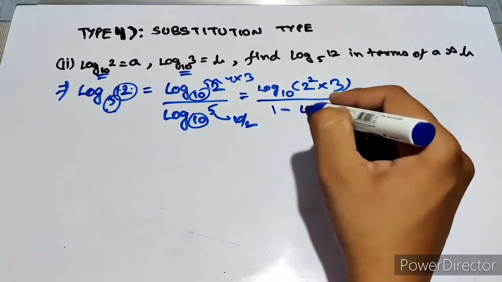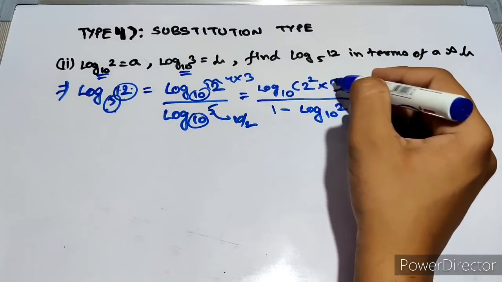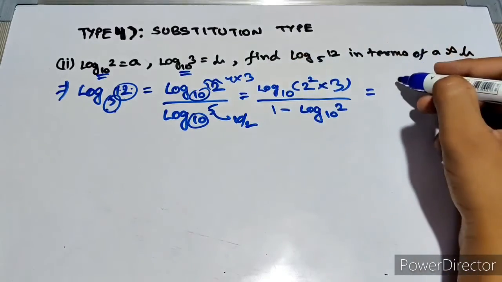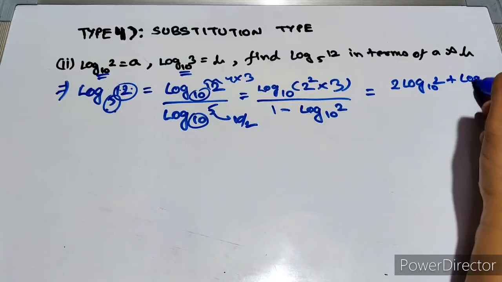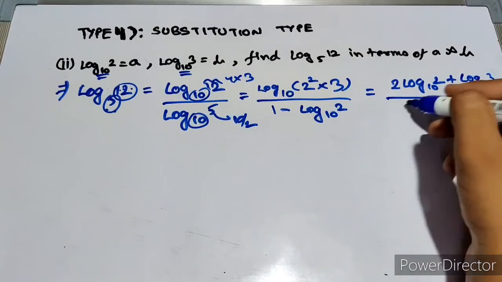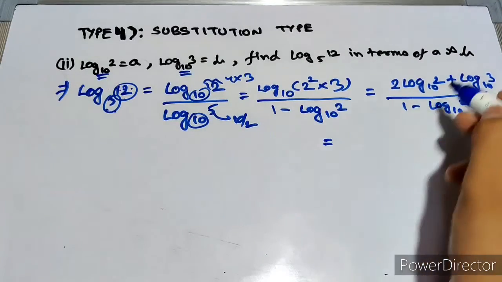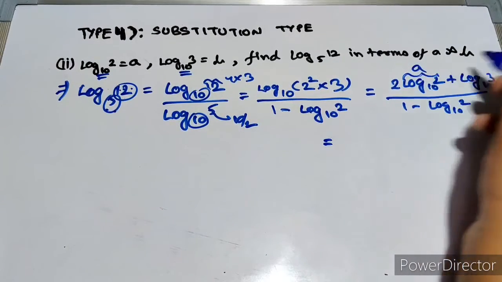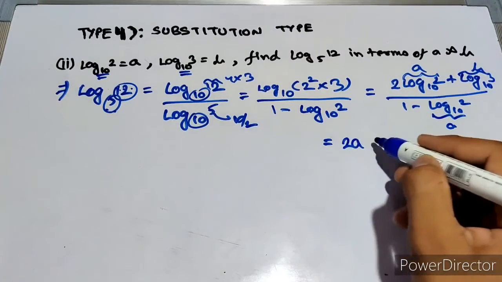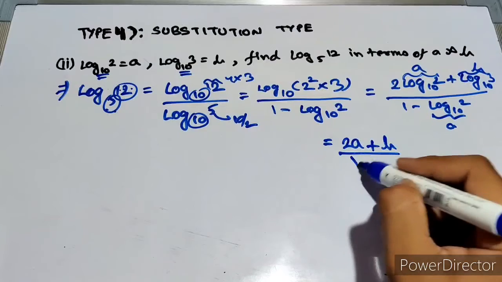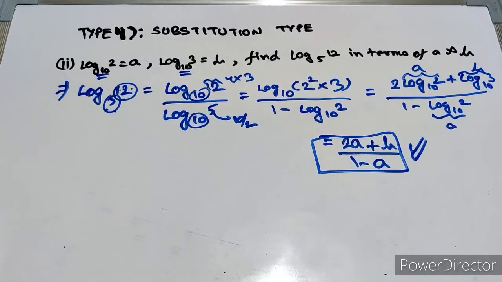So it will be 1 minus log of 2 base 10, and here we can first break down as a sum, and 2 will come here, so it will be 2 log 2 base 10 plus log of 3 base 10 divided by 1 minus log of 2 base 10. Here we have given this as a in the question and this as b in the question, and again this as a, so the answer is 2a plus b upon 1 minus a. This is the solution, and the question is very easy.